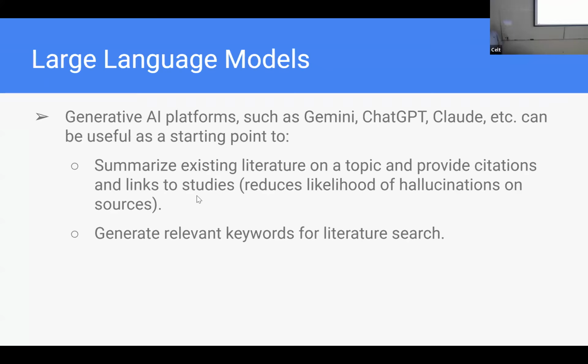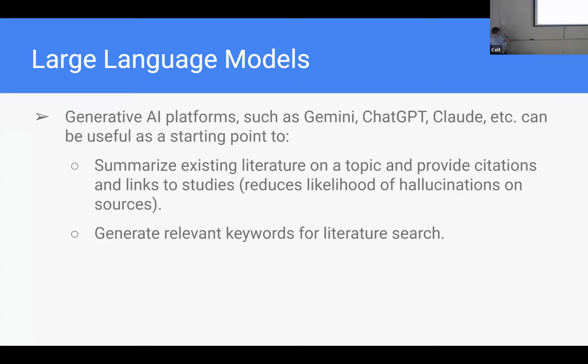Basically, a few things that you can do with the general AI platforms is that they're pretty good at coming up with a summary of existing literature on a topic, as well as providing citations and links. And you can ask it to put it in whatever format's appropriate in your discipline.